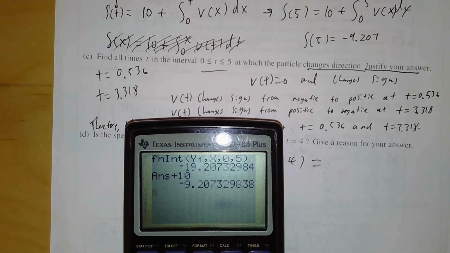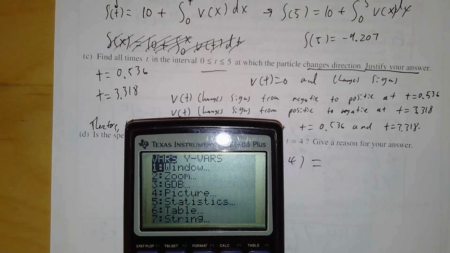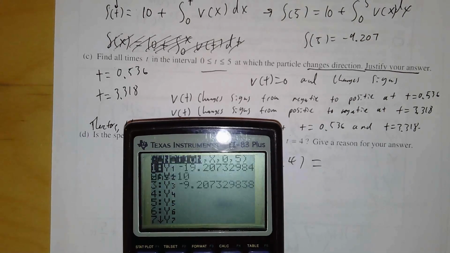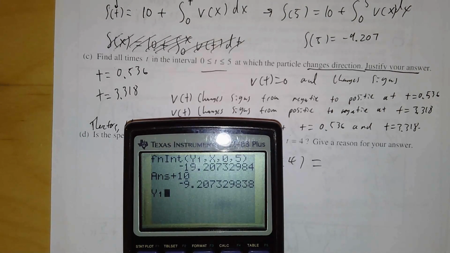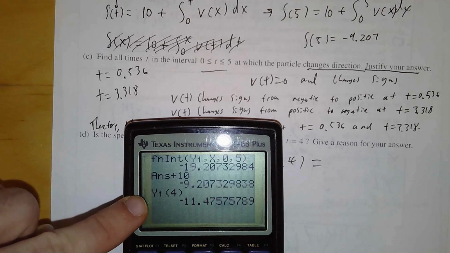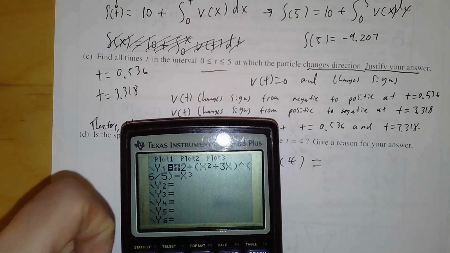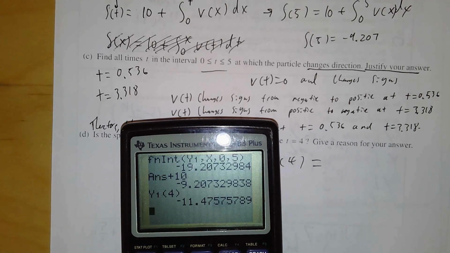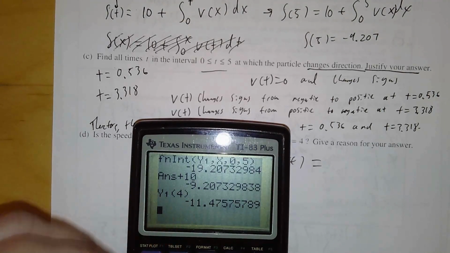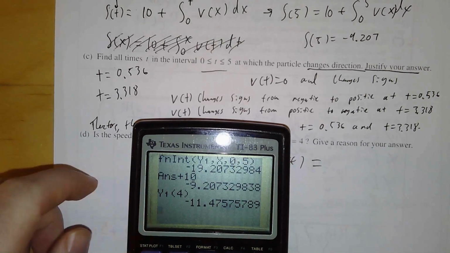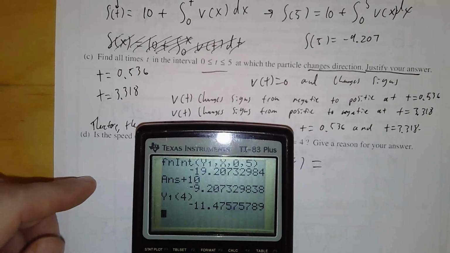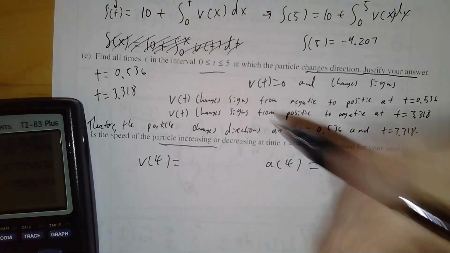V of 4 you're going to get by going to vars, y vars function, y1. So if you just do that and put a 4 after it, like that, you're gonna get the velocity of 4. Because remember, that's like my velocity function right there that I put in y1. But I'm calling it, and then that parentheses after is like putting a 4 into it. So okay, so it's negative 11.476.